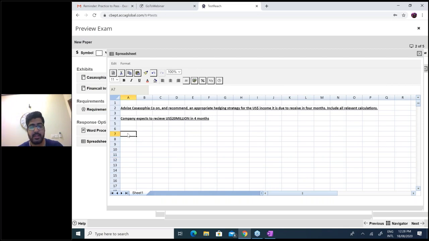Let's start. The strategy number 1 I'm applying: forward exchange contract. Now pay attention, how do we answer all of this? Okay, forward exchange contract.